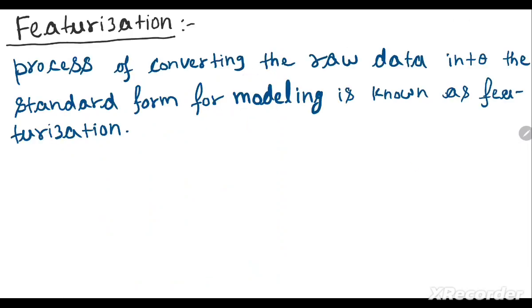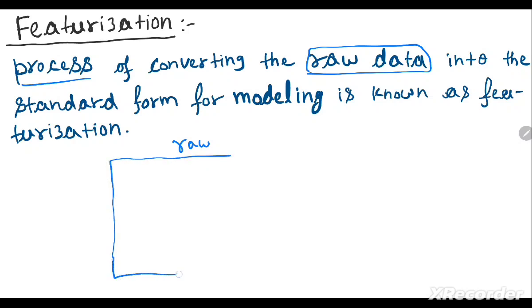So here we have featurization. Let's first read the definition. The process of converting the raw data into a standard form for modeling is known as featurization. I already told you that we download the raw data, and after getting this raw data, the aim is to convert it into some numerical form, because models can only understand numericals.